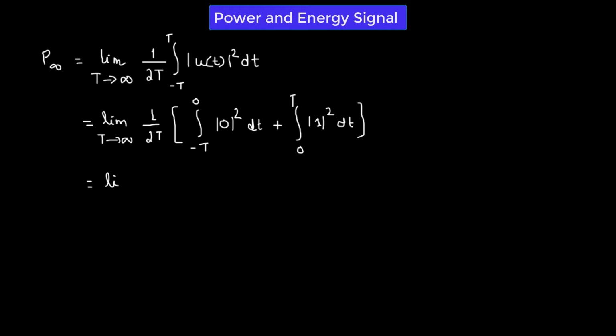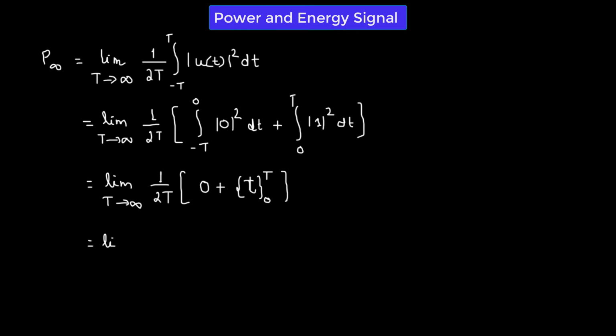So that gives us limit T going to infinity, 1 over 2T, the first integral is 0, plus this integral is simply t, with the limits going from 0 to capital T.